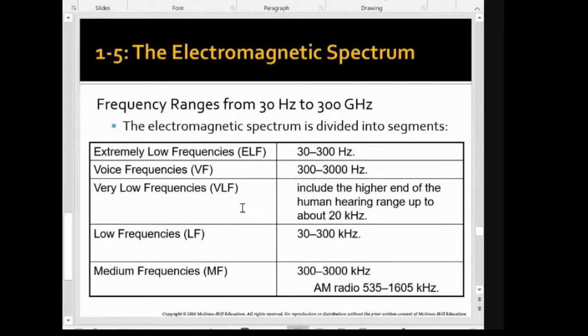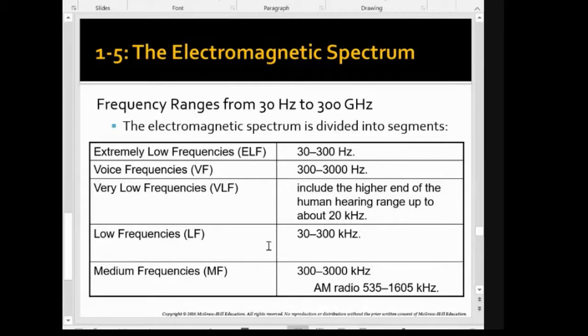It's quite a standard to use 4 kilohertz to make sure there is no overlapping, with a little bit of space. We have very low frequency, which includes the higher end of the human hearing range up to 20 kilohertz.